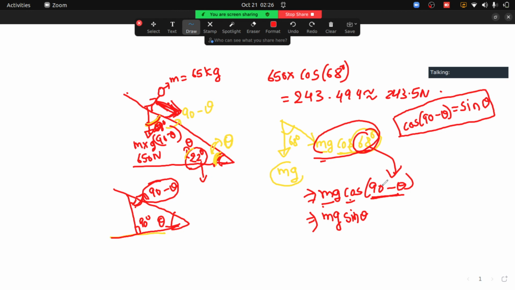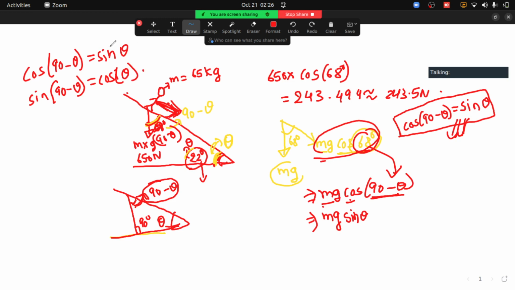I'm solving for cosine of 90 minus theta. It can also be written as sine theta according to mathematics. So cosine 90 minus theta is sine theta, and similarly sine 90 minus theta is cosine theta. These are two trigonometric identities.